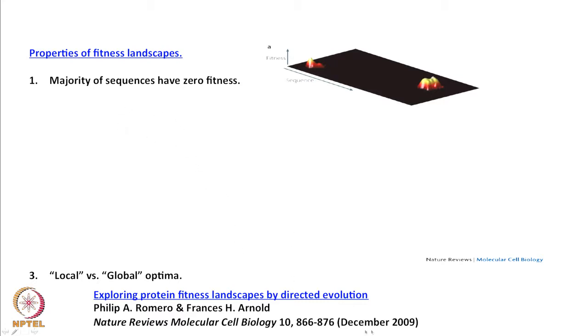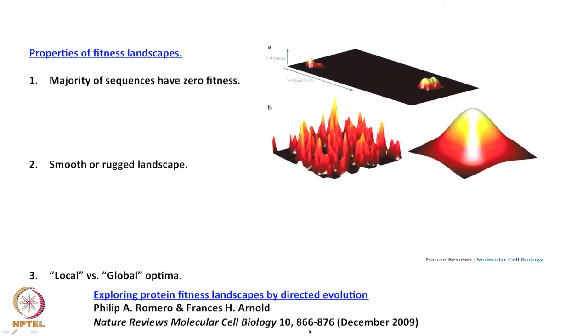The second property is that if we were to zoom in on these patches where there are non-zero values of fitness, the local structure of these fitness values could be very different. You could have a structure such as this, which has a lot of different peaks, and each one of these peaks represents what we discussed towards the end of last class, a local optimal peak.